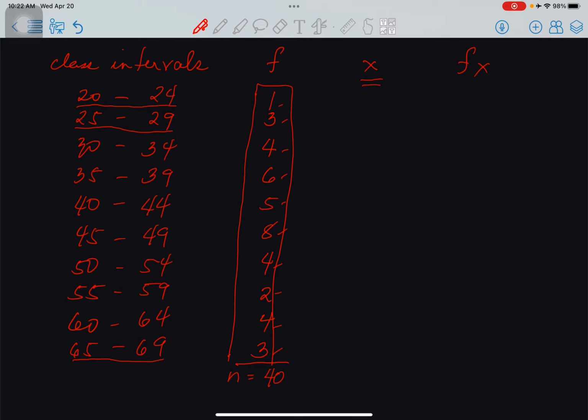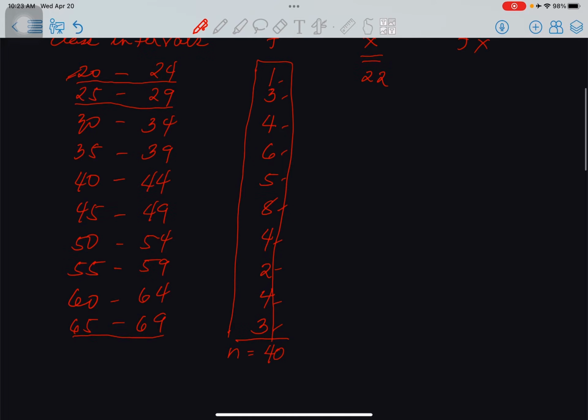For example, what is the midpoint of 20 to 24? In this example, the midpoint is simply 22. How did we get 22? It's pretty simple. You just need to add 20 plus 24, then you divide by 2.